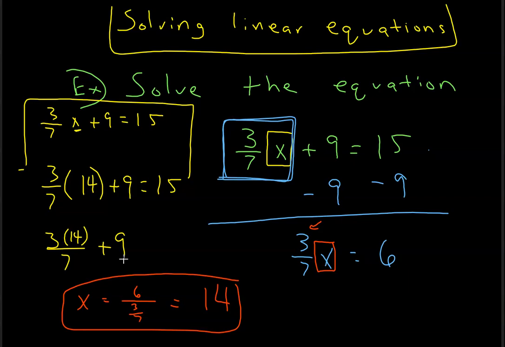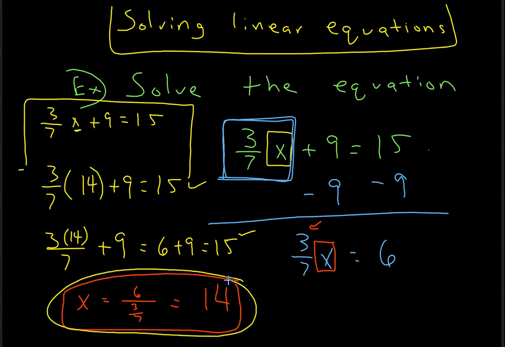So 3 times 14 divided by 7, that's 6, plus 9. 6 plus 9 is definitely 15. So 15 equals 15. So it's true. So 14 is our solution, because when I plug 14 back into the original equation, I get a true statement.